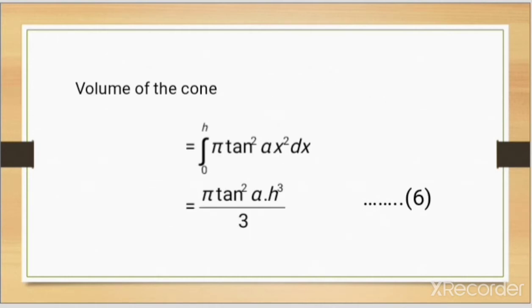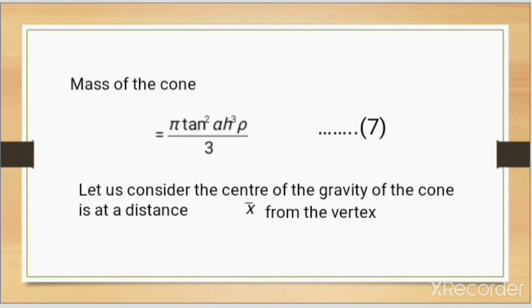Volume of the cone is equal to the integral with limits 0 to h of pi tan square alpha x square dx. After integration, it is equal to pi tan square alpha h cube by 3. Mass of the cone is equal to pi tan square alpha h cube rho by 3.